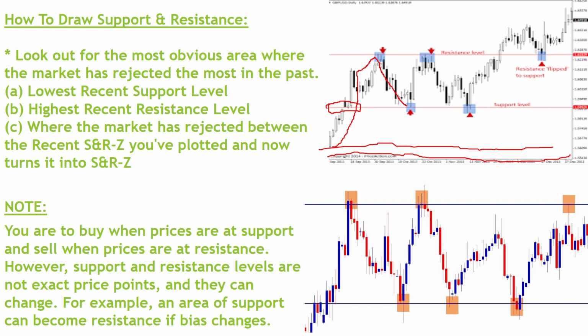You see, it was a resistance that became a support level and pushed to the upside. Price came back to respect this level because price did not get to this level.